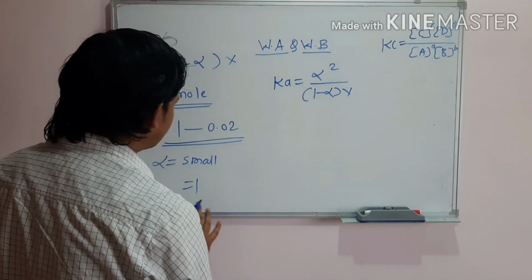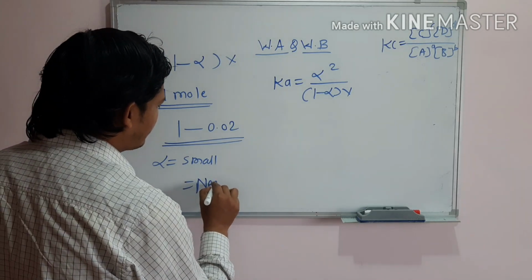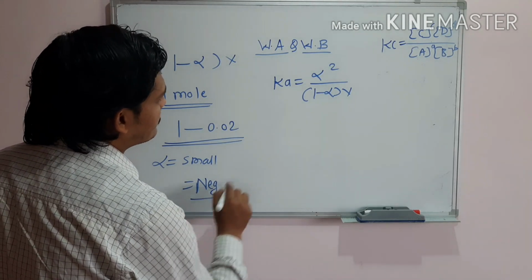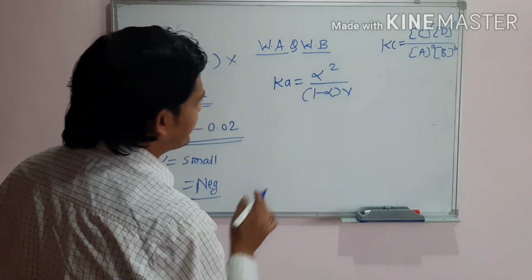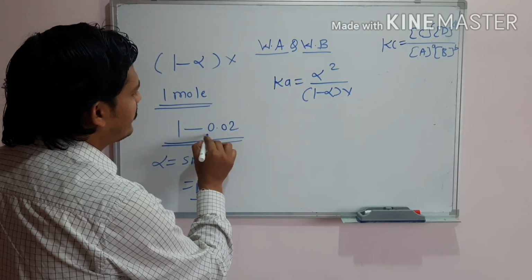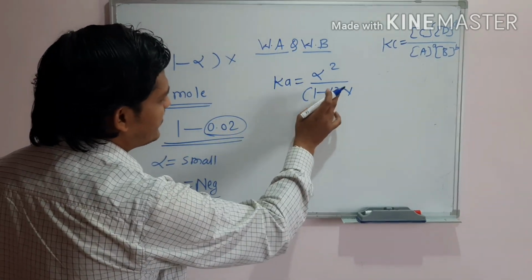Out of 1 mole there will be only 0.02 overall dissociation, hence it is negligible, so it is equal to 1. 1 into V is equal to V.